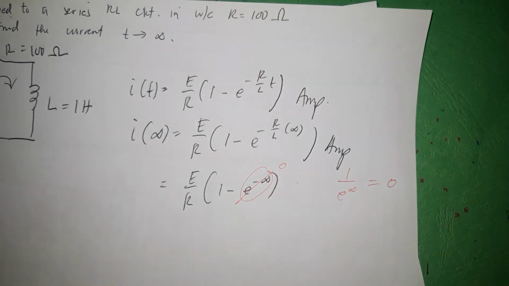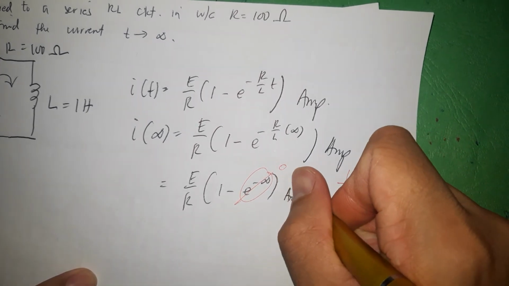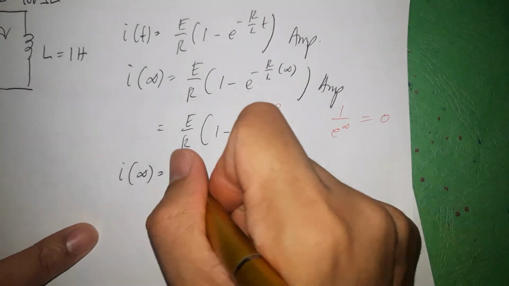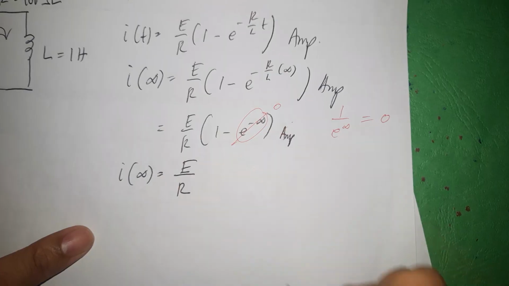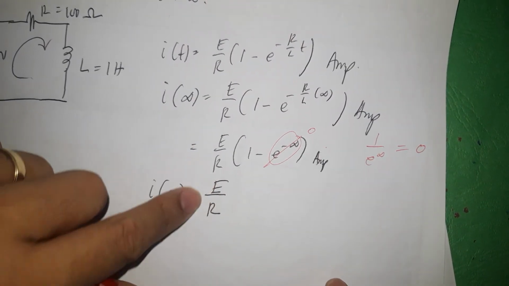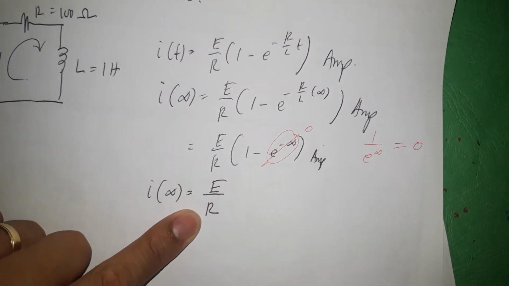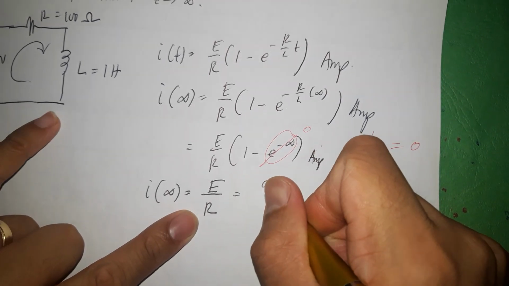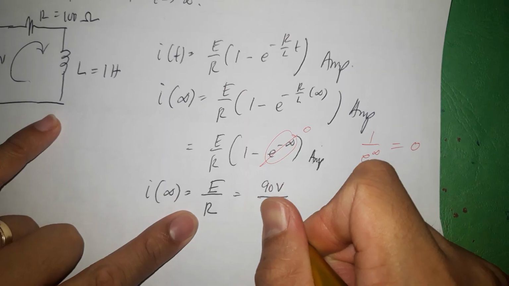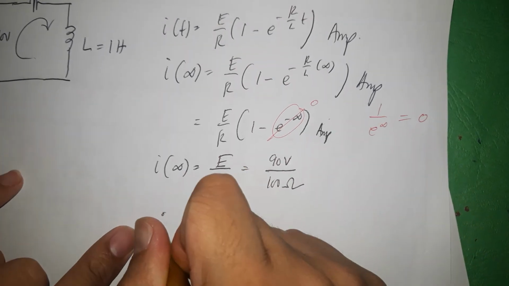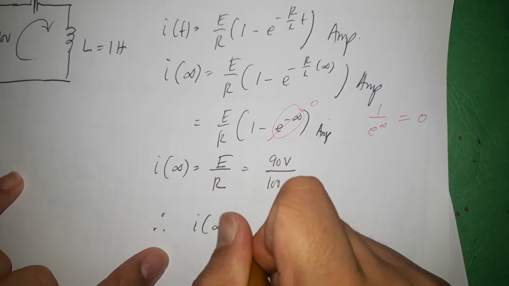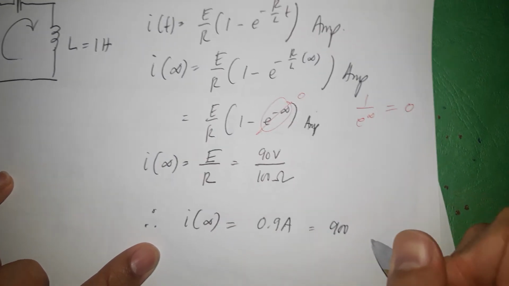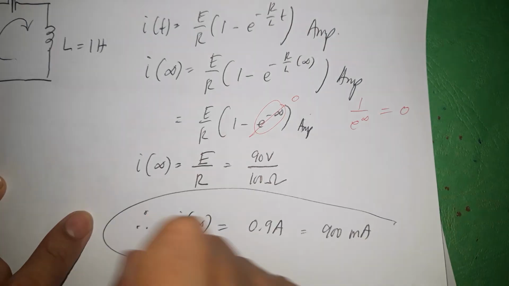So I as t approaches infinity is simply the ratio of the voltage source to the resistance, 90 volts divided by 100 ohms. Therefore, I as t approaches infinity is 0.9 ampere or 900 milliampere.